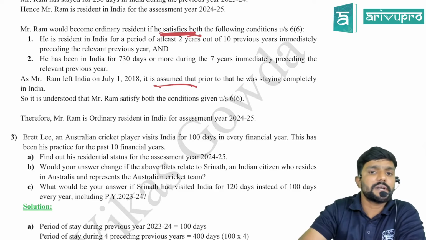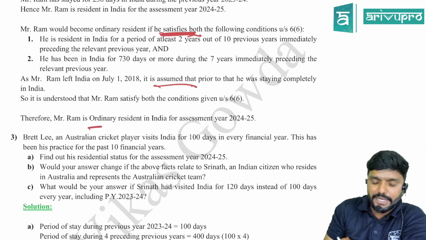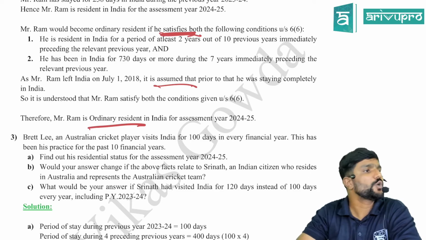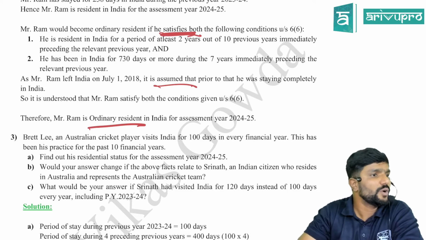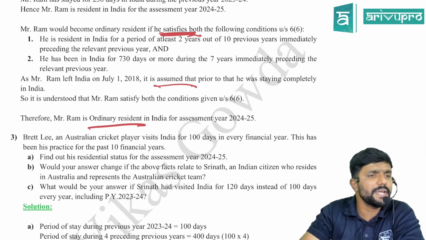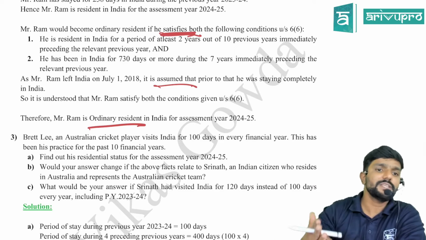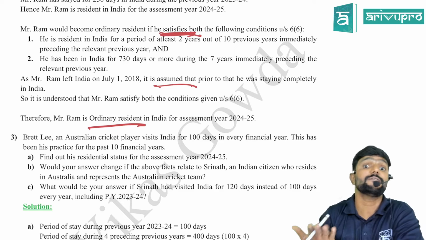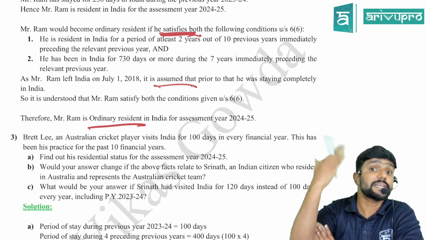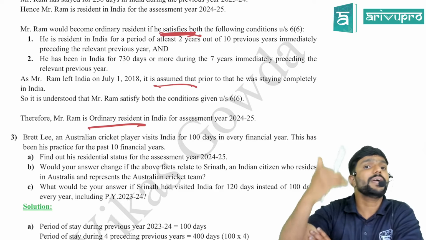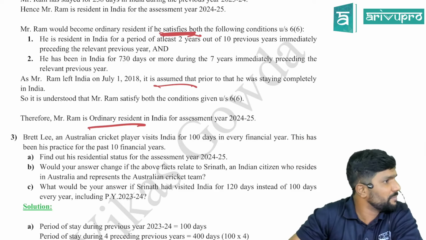Therefore, Mr. Ram is ordinary resident in India for assessment year 24-25. Hope it is clear for you. Whatever is required for that question, please explain all. Sir, for this question was 6.6 required? Definitely. Sir, was the exception required? Yes. That is why I explained it. If not, I would not have mentioned it.